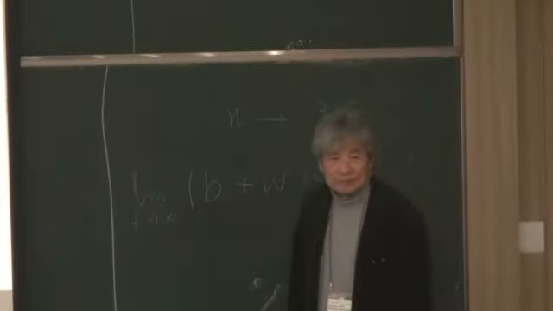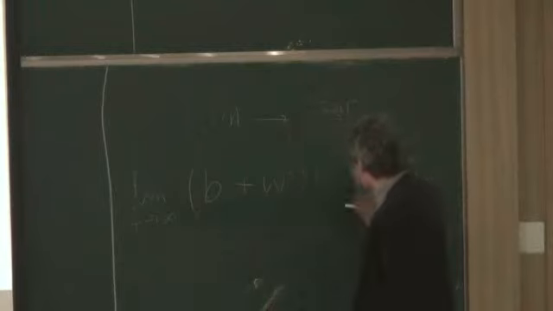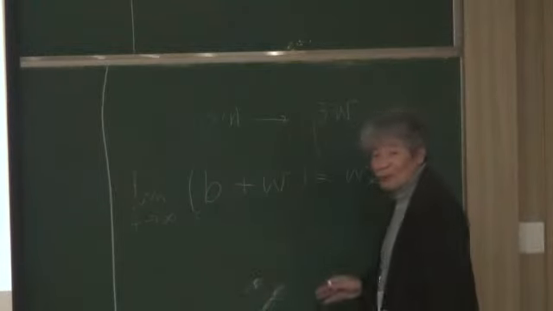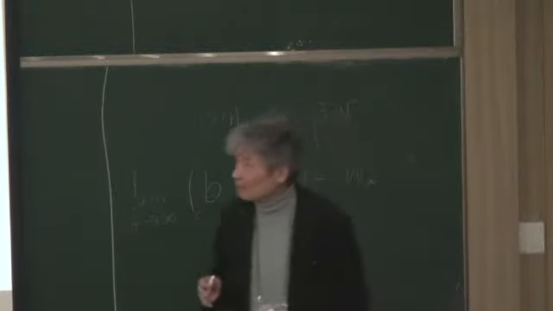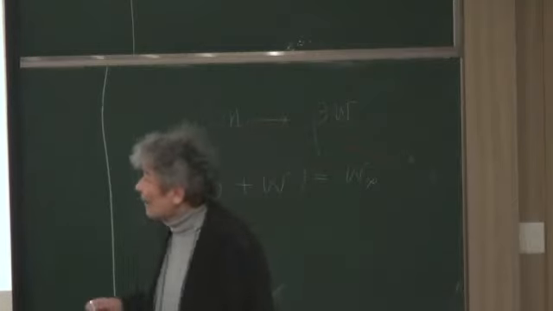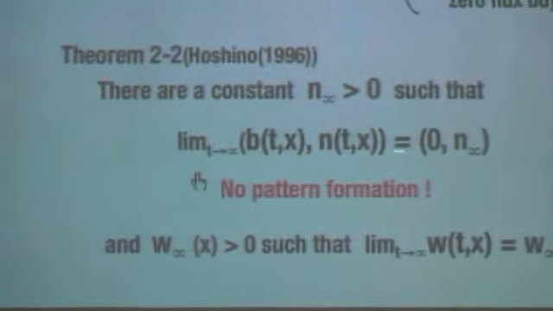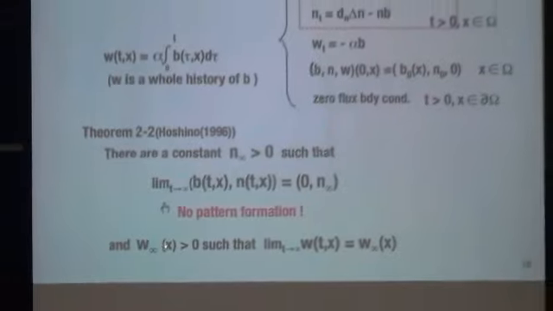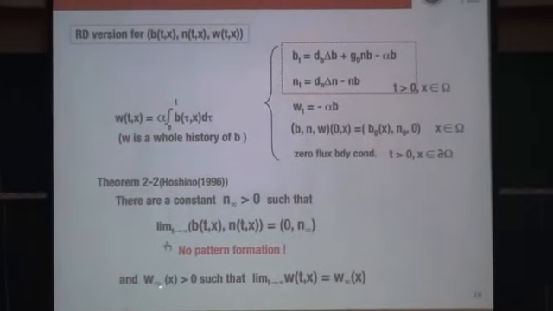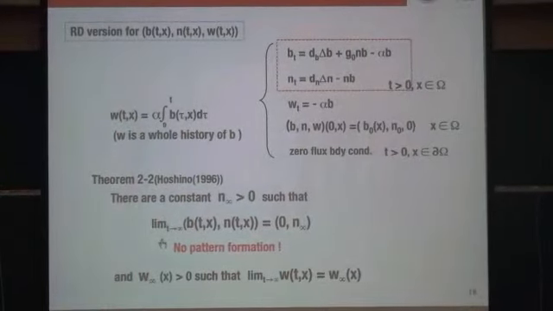Okay. So this is the final value of bacteria in the ODE sense. But in the PDE sense we also have the same thing. Here, B tends to 0, N tends to N infinity, but we have W infinity of X. So in this case, this is X.